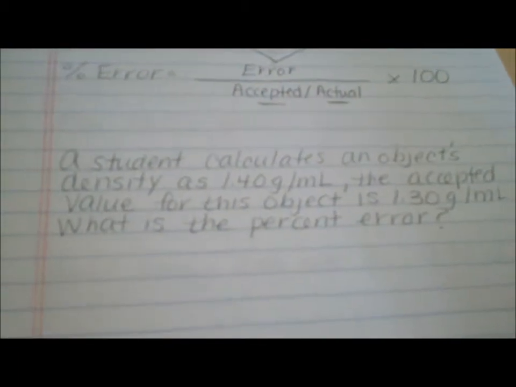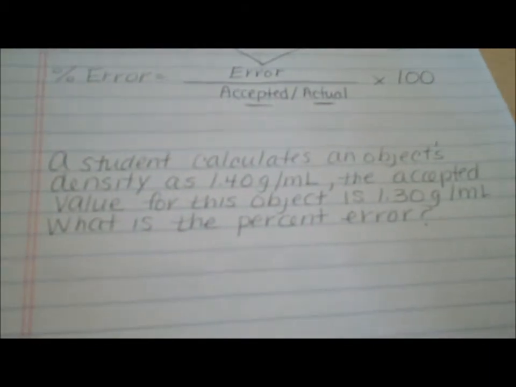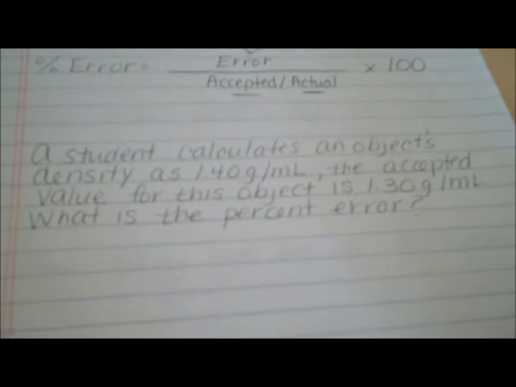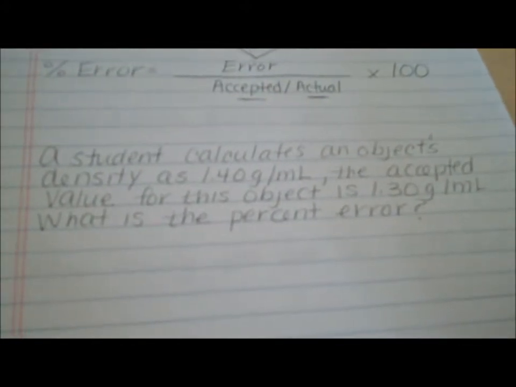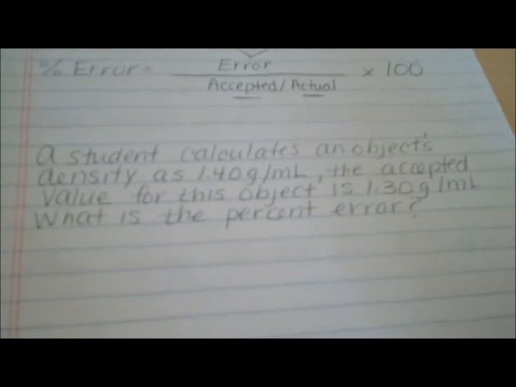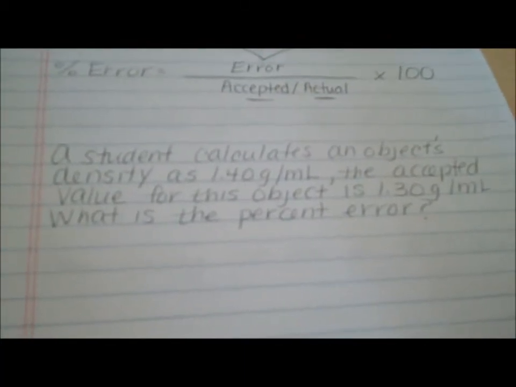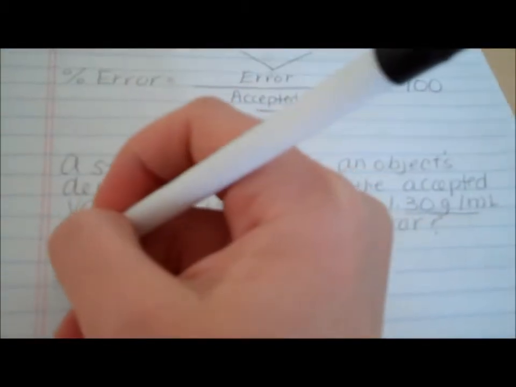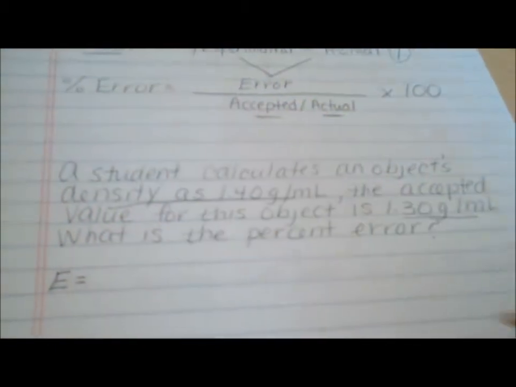A student calculates an object's density as 1.40 grams per milliliter. The accepted value for this object is 1.30 grams per milliliter. What is the percent error? So first things first, you want to make sure that you know your experimental versus your accepted or actual.